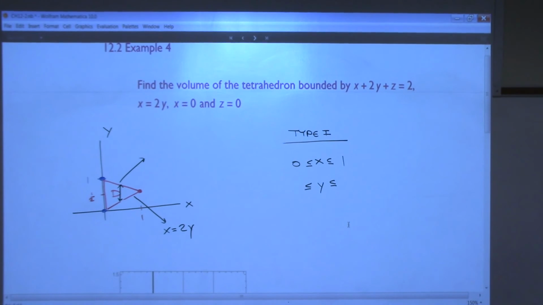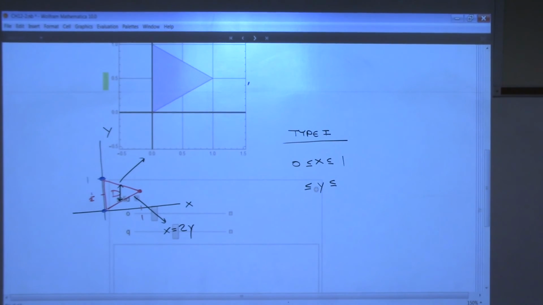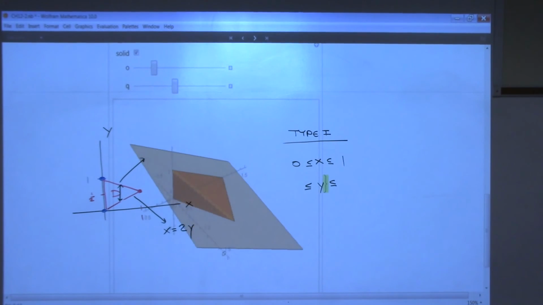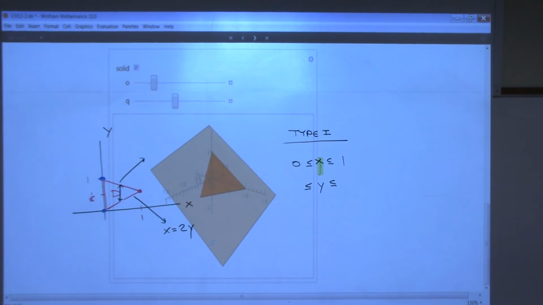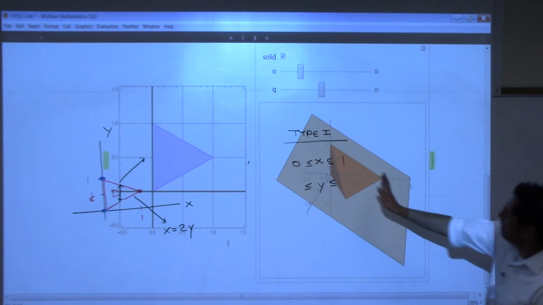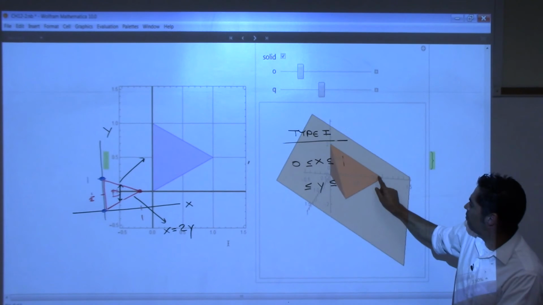Isn't that where that plane comes in and hits the ground? Let me see if I can rotate this around. Okay. There's that picture, right? Where that plane came in and hit the ground right here.